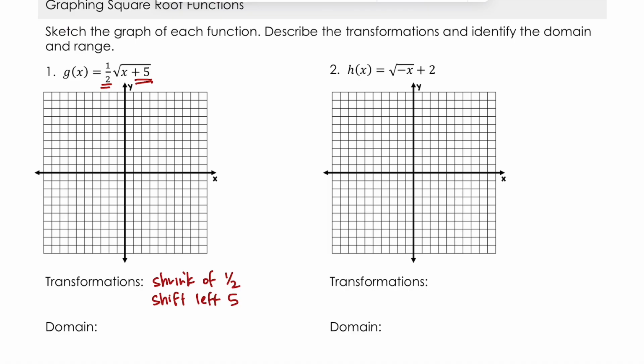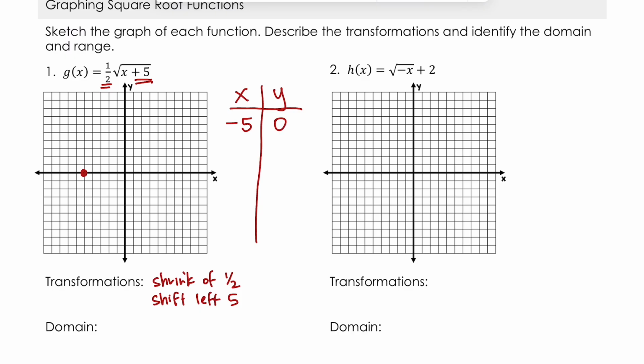Okay? So instead of our graph starting at 0, 0, like a normal one, we're shifting left 5. So our first point is going to be over here at -5 comma 0. And if we want to make a little chart of our x's and y's, a good place to start is where we know that vertex point is going to be.